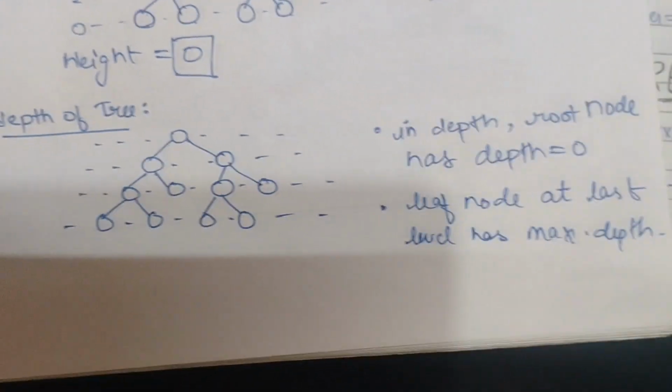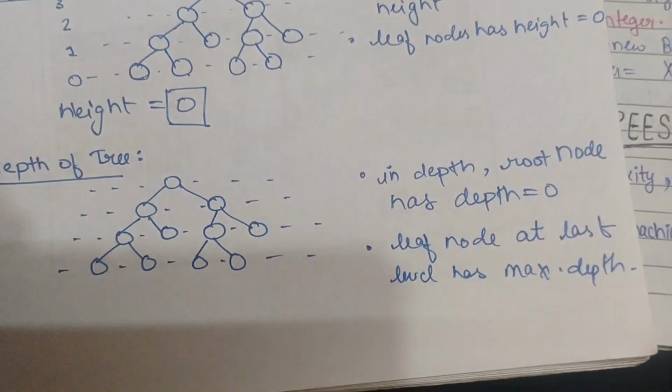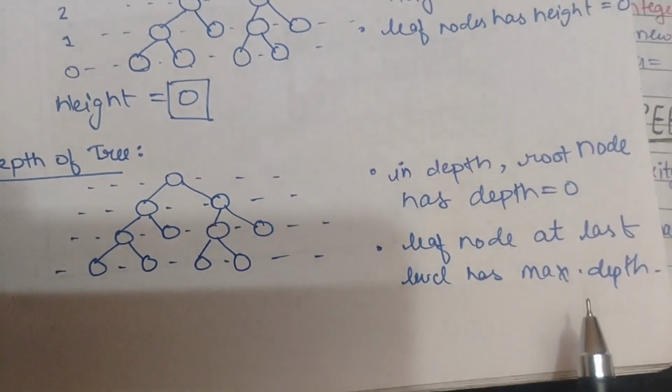Now let me explain these two properties, that the root node has depth equal to 0 and leaf node at last level has maximum depth.